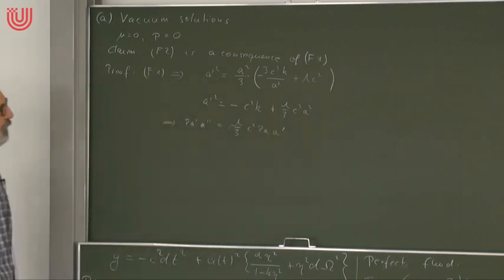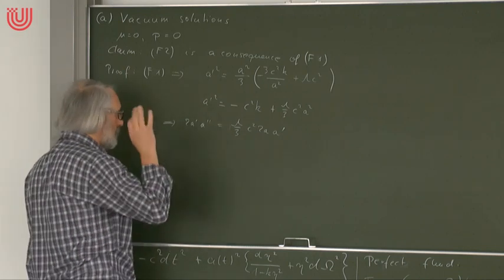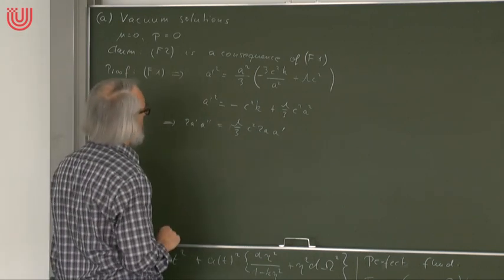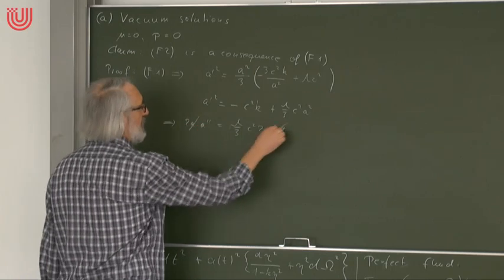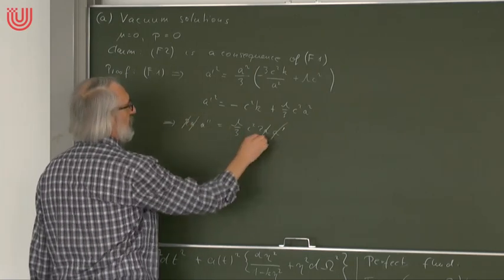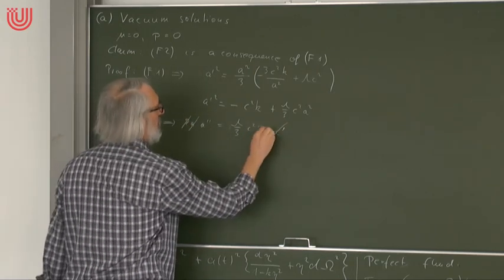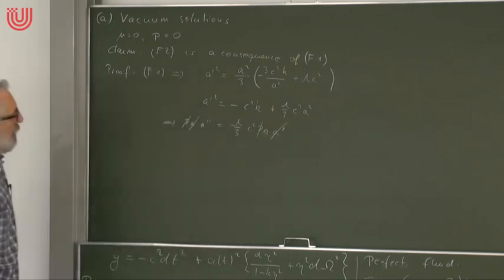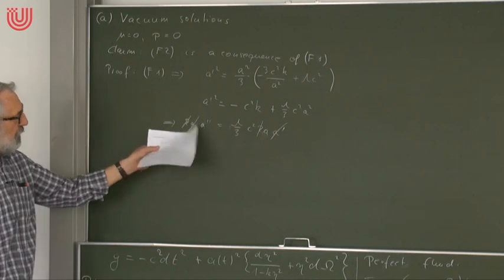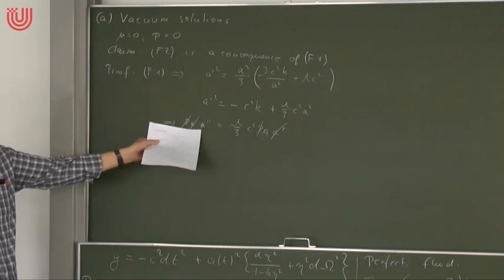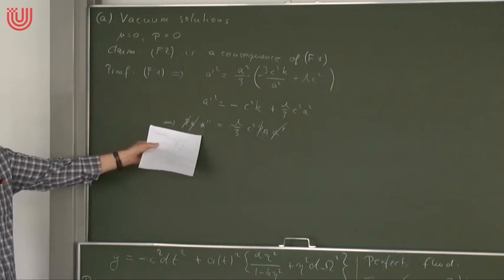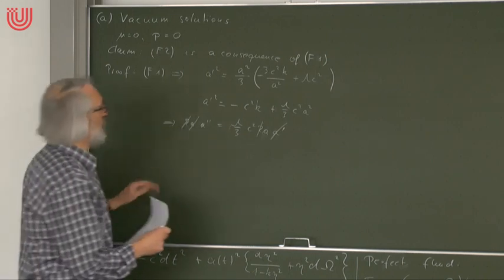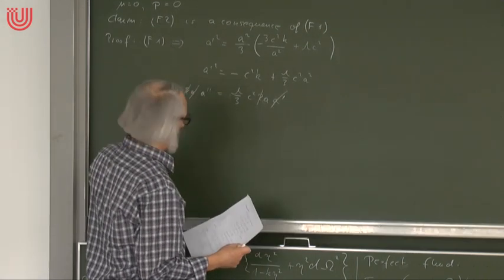Well, generically, a prime is not 0. One should discuss the zeros maybe separately, but generically it's non-zero. So let's divide by the 2, and this gives us a double prime. And now my claim is, if I insert this expression into the left-hand side of F2, then I get 0. So F2 is then automatically satisfied.